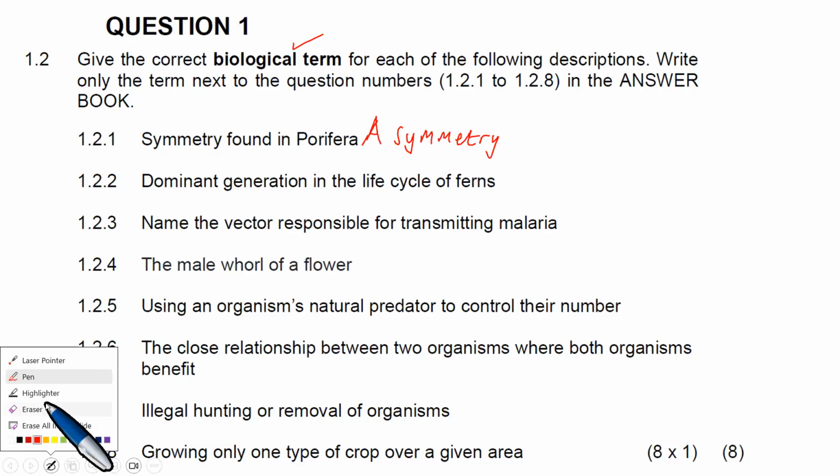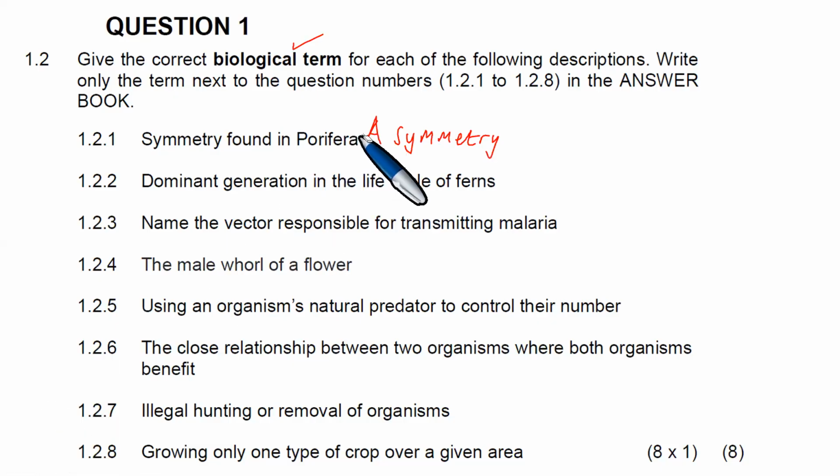Okay, we have to look at a lot of these descriptions so that you can familiarize yourself with them. I'm yet to spend a lot of time on these. Right. So 1.2.2, the dominant generation in the life cycle of ferns.